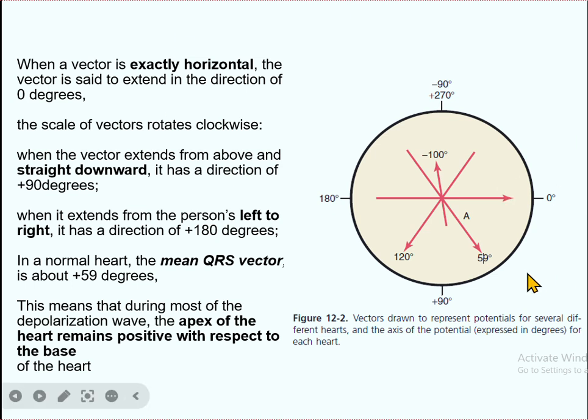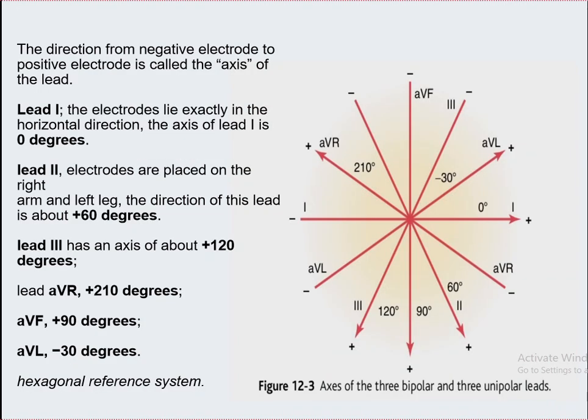For most cases, the current is moving from the base to the apex of the heart, so the apex remains positive for most of the depolarization wave of the ventricle.